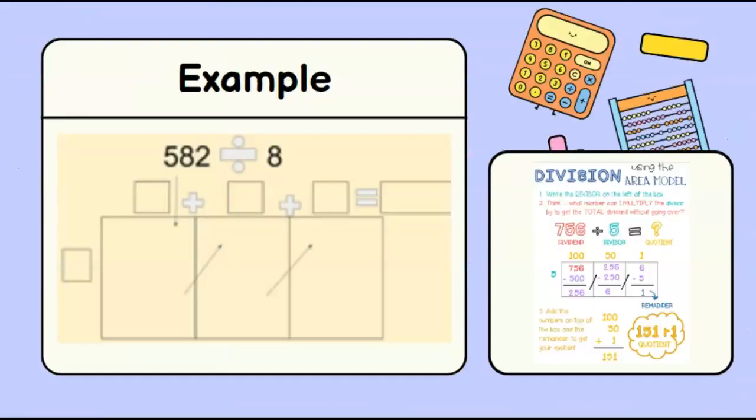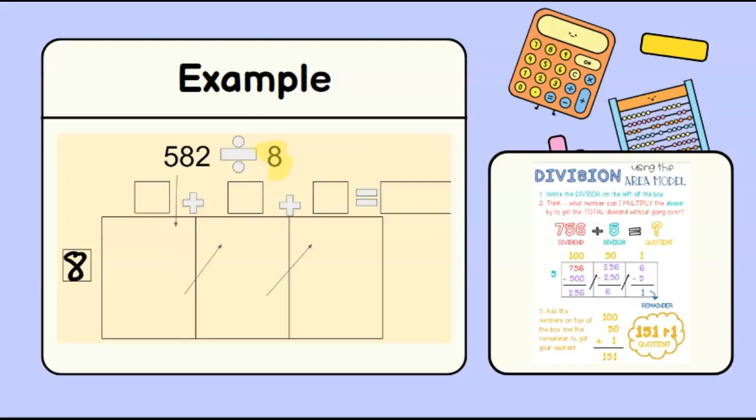So let's look at an example here and do one together. I have my 3 rectangles drawn, and I'm going to take my divisor, which is 8, and draw it onto the left of my boxes.